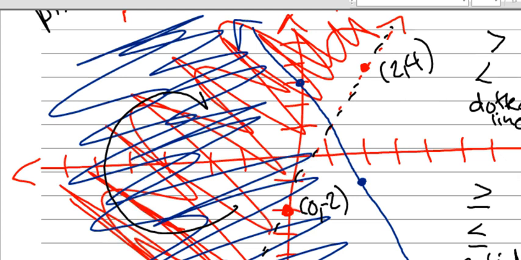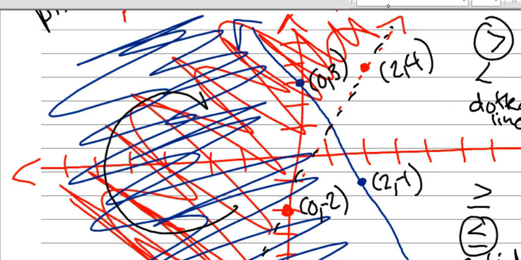And now for the second line, I have 0, 3, which is right here, and 2, negative 1. And this is a solid line because it's less than or equal to. So in blue, this is my solid.